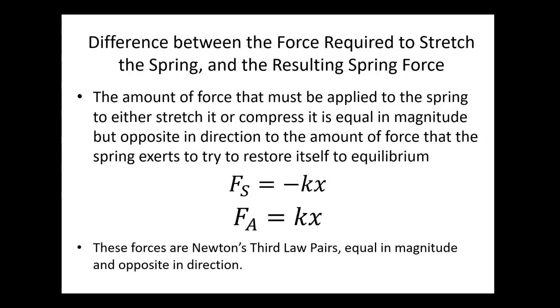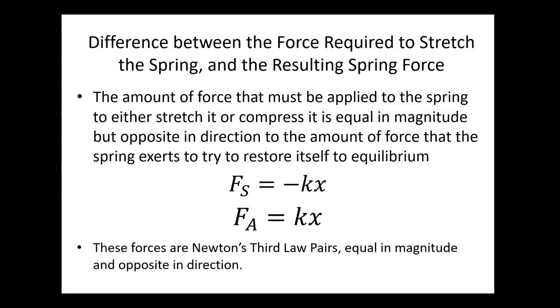Let's talk about the difference between the force that someone must apply to stretch the spring versus the force that the spring itself exerts to return to its equilibrium position. So the spring force, F sub s, refers to the force that the spring exerts, and that is calculated as negative kx.